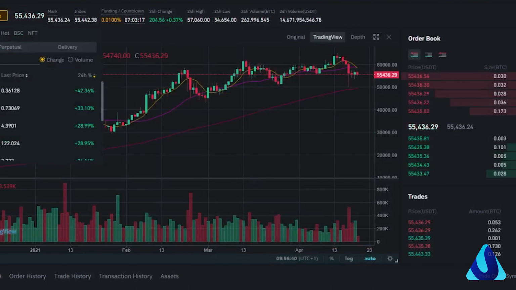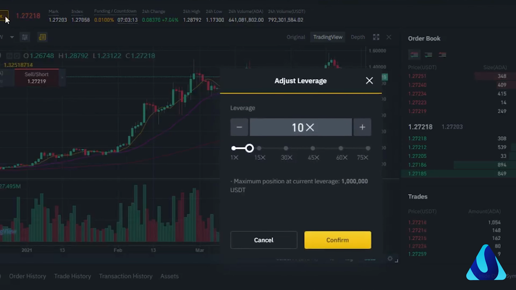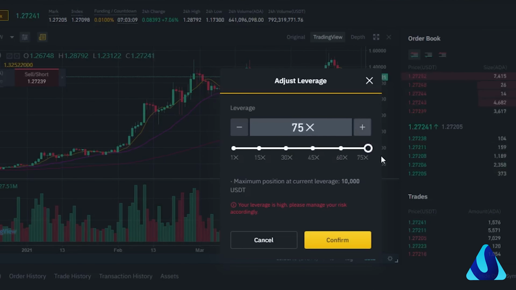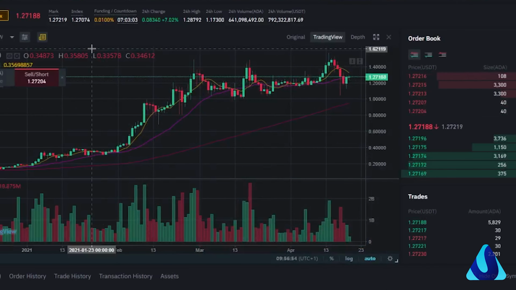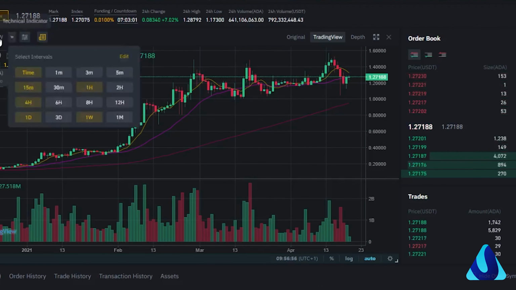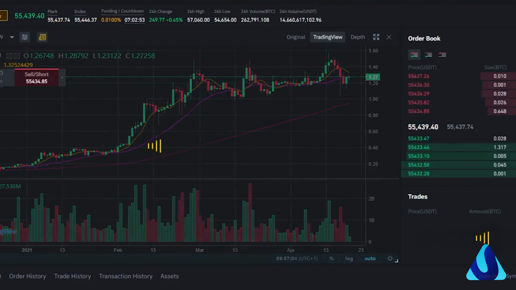But if we were to go to, say, ADA or Cardano, you can see that it only goes to 75x. This is because some of these coins are more volatile than others, so the likelihood of you getting stopped out or liquidated is a lot higher, and some coins have no leverage available on there as well.